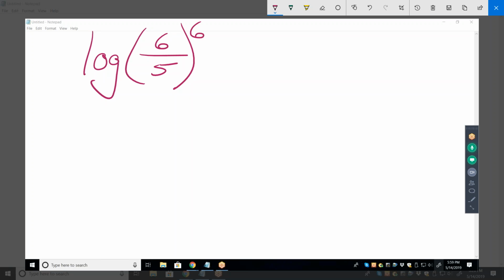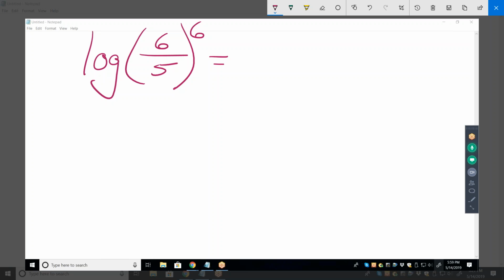All right. Use your logs to break this down. What's the first step you want to do? You want to write it as multiplication or addition? It's not going to be multiplication. It's going to be subtraction because we're doing division.